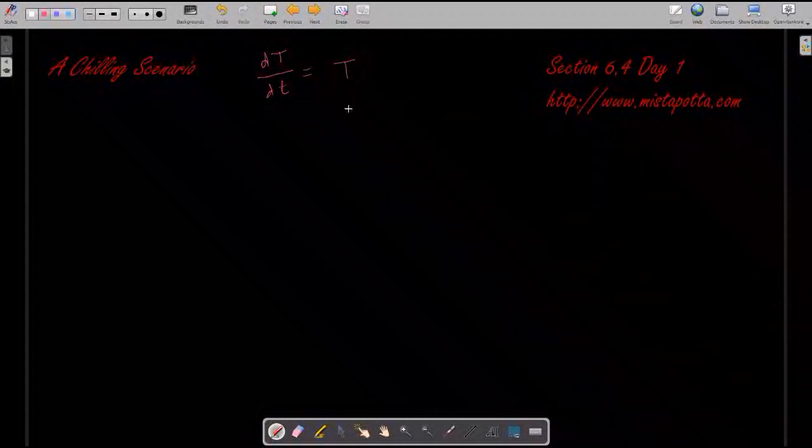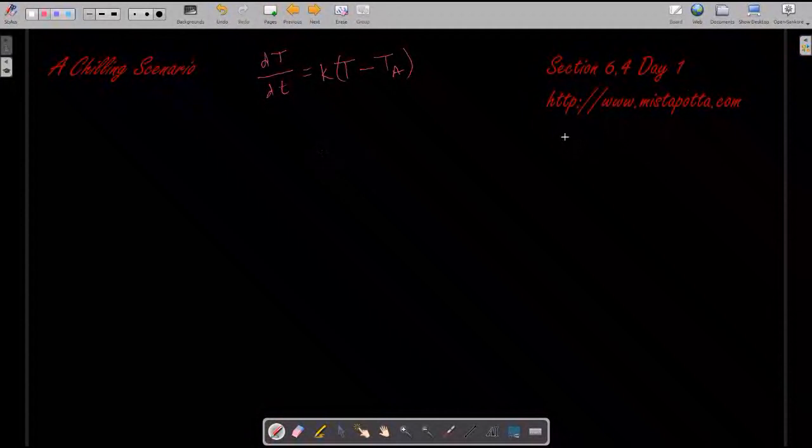dealing with the temperature, but how far away we are from some ambient temperature. So what I'm going to find is that my change in temperature with respect to time is equal to a constant times the difference between the current temperature and the ambient temperature.